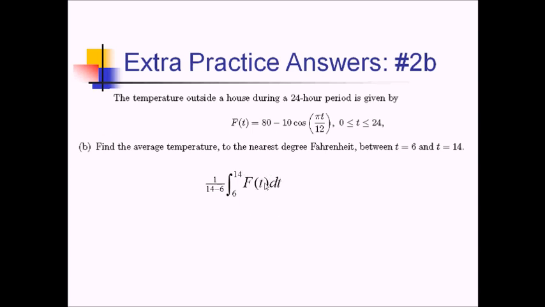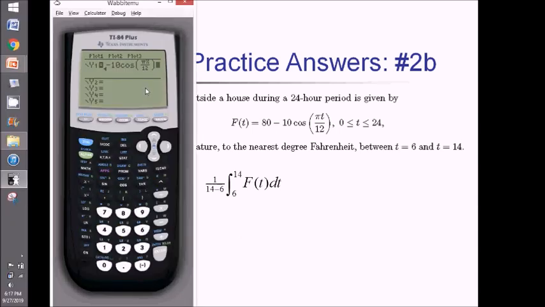But now I have to do this on the calculator. To make my life a little bit less hectic with trying to put this inside an integral, I'm going to put this inside y equals the y1. And then let me quit out of there, and let me put all of this in my calculator now.